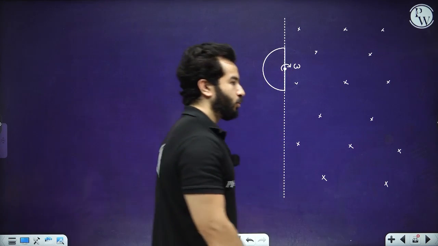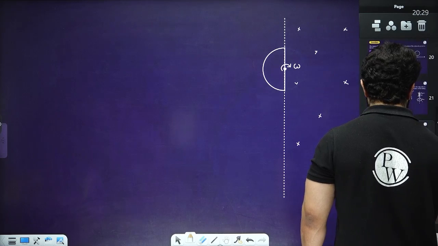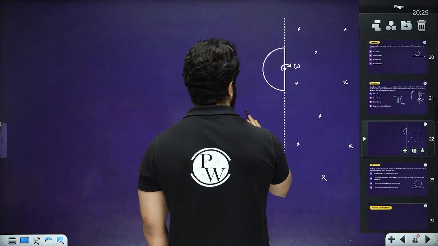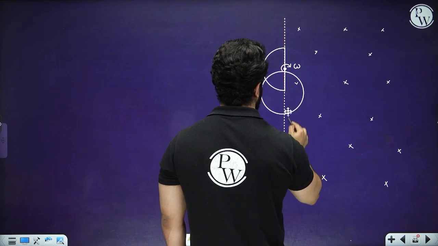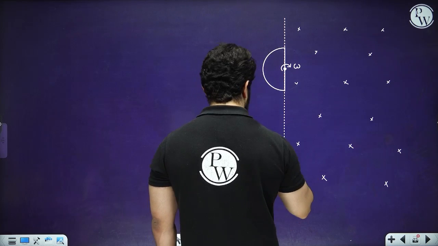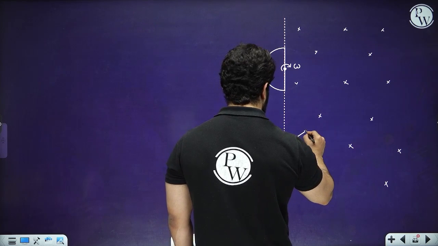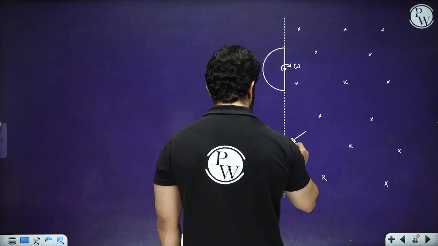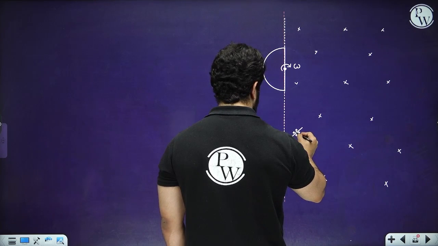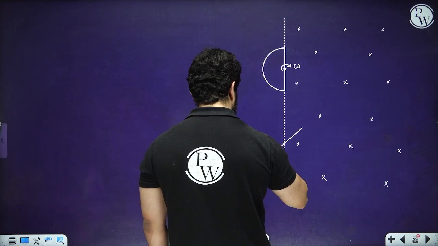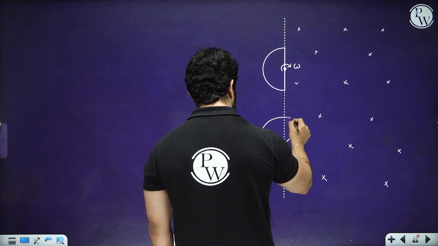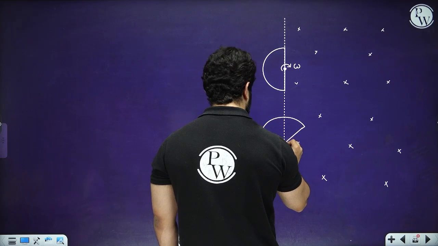Right? So that means after some time this will happen. After some time, let's say it has shifted by a certain angle, it has been rotated by a certain angle, something like this. This is after time t.